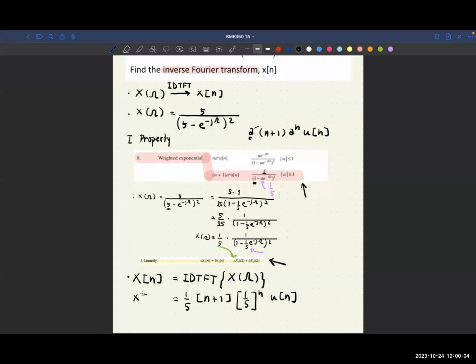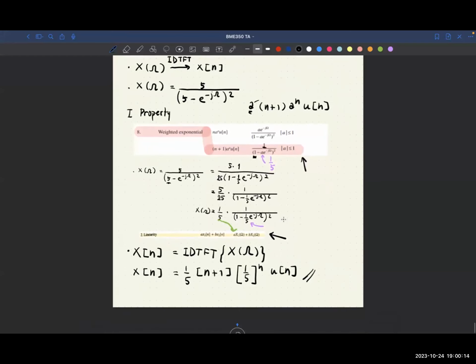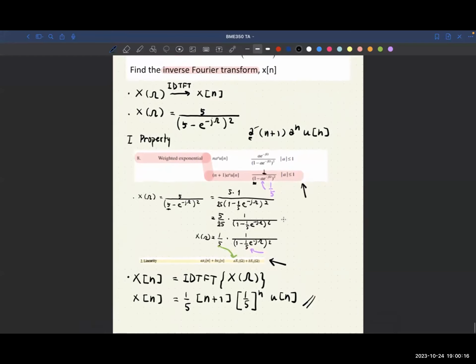That would be our x[n], which is a signal in discrete time. Let me check with you, Isabella. Okay, we got 1/5, we got u[n], n plus 1. Oh yeah, I see what you do.